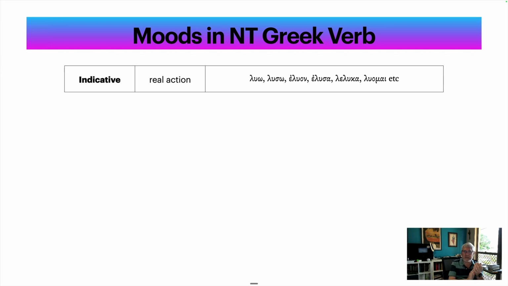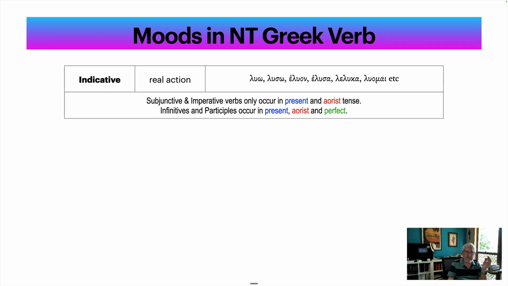So luo is present indicative, luso is future, elewon is imperfect, elusa is aorist, leluka is perfect, and luomai is middle or passive, just to give you a bare bones summary.